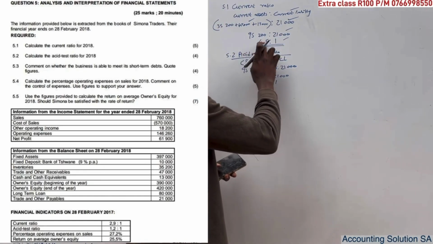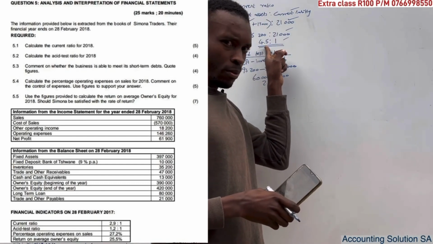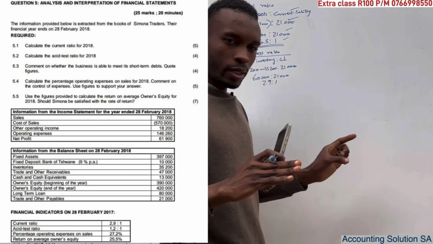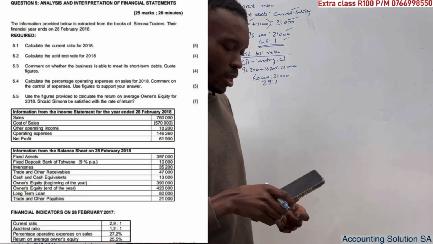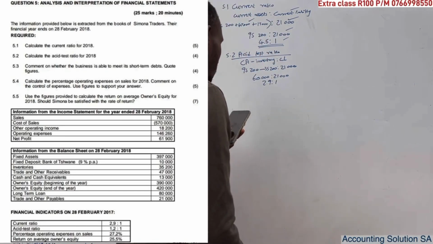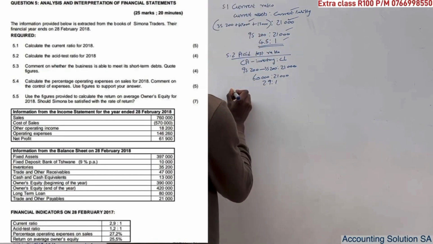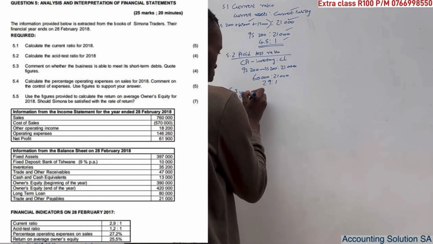Assets must be higher than liability. If the ratio is below 1, they can't be able to pay because they have more liabilities than assets. Okay, now let's check. Yes, the business will be able to pay, 5.3. Yes. Now let's quote the figure.